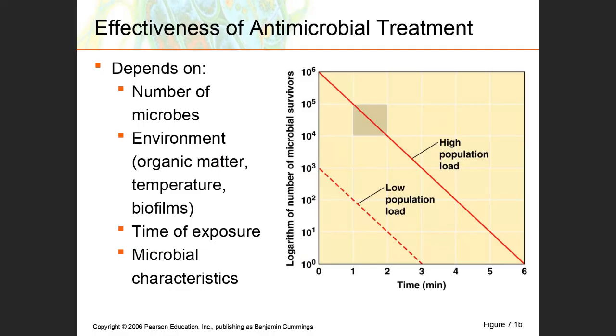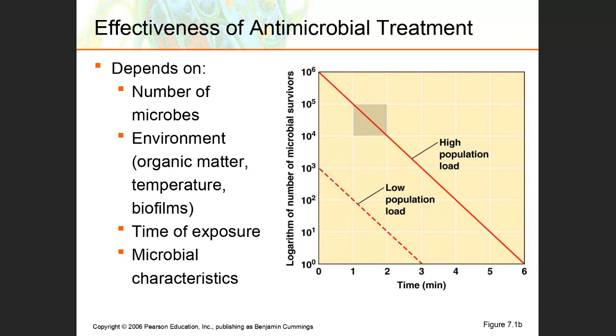Now, the effectiveness of an antimicrobial treatment is dependent on several factors, one of which is the number of microorganisms you're trying to kill. If you have a lot of microorganisms to kill, then you have to take that into account when determining how to best kill them.